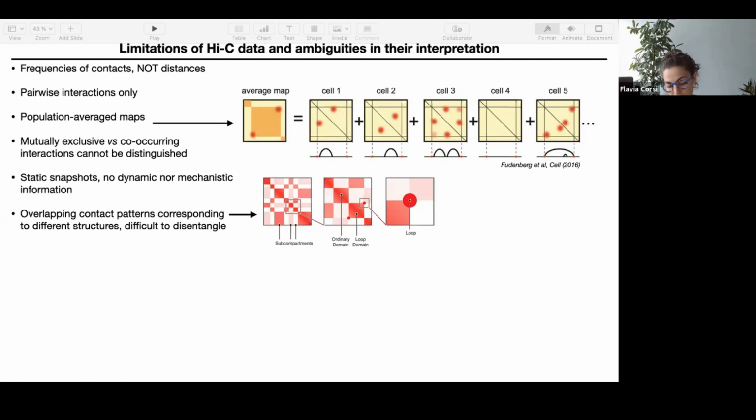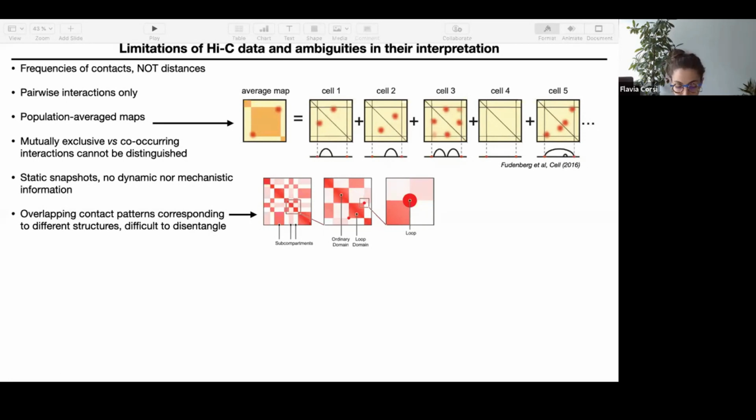And then, as Chris already introduced, they are population average maps, so we cannot know which exact interactions are occurring in which cell. This makes it difficult to disentangle mutually exclusive versus co-occurring interactions, and also to disentangle contact patterns associated with different three-dimensional structures, such as contact patterns for loops or for TADs that overlap in the average map.